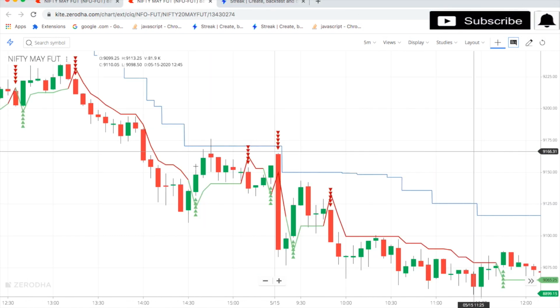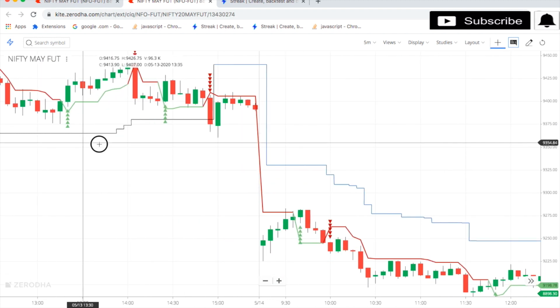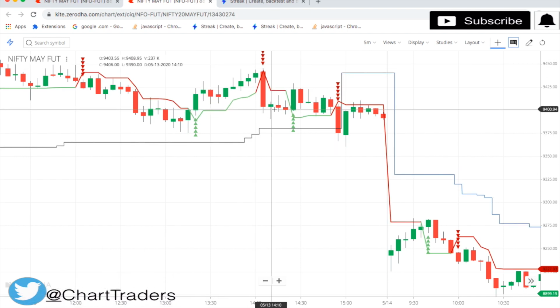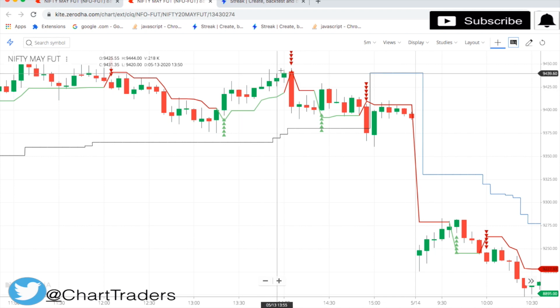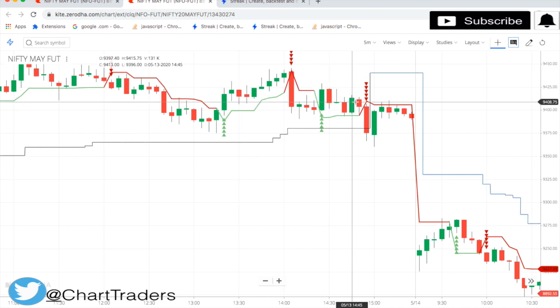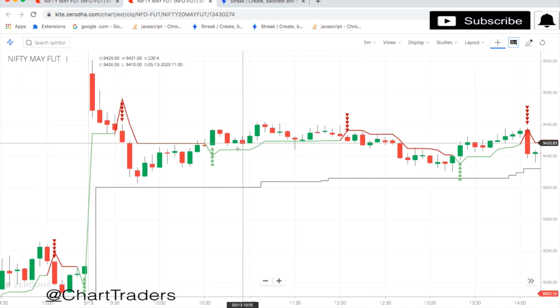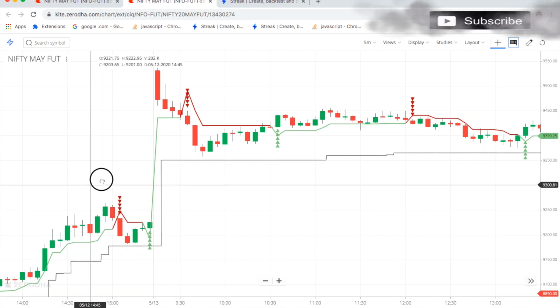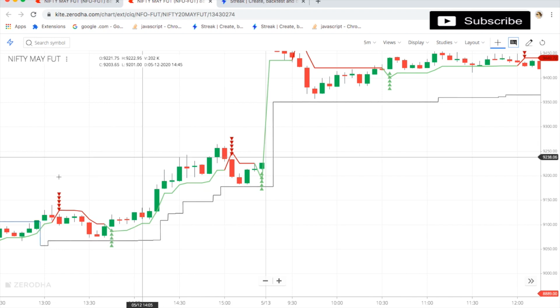But the problem is this indicator in Zerodha generates so many signals, fake signals also. See here, a buying signal, then again selling, buying. Here we get some profit, but here, no profit, stop loss triggered, here also no profit, then here we get some profit.